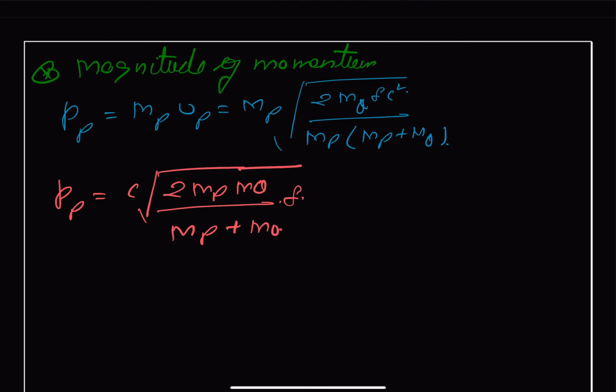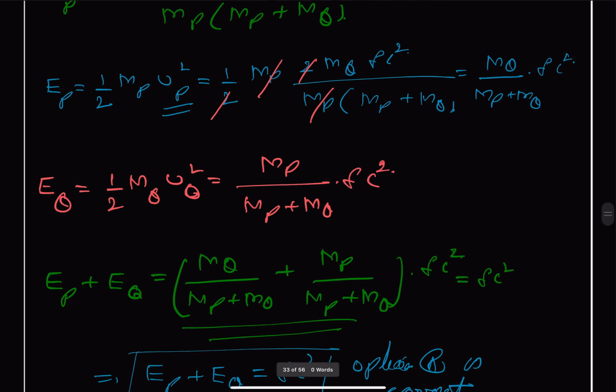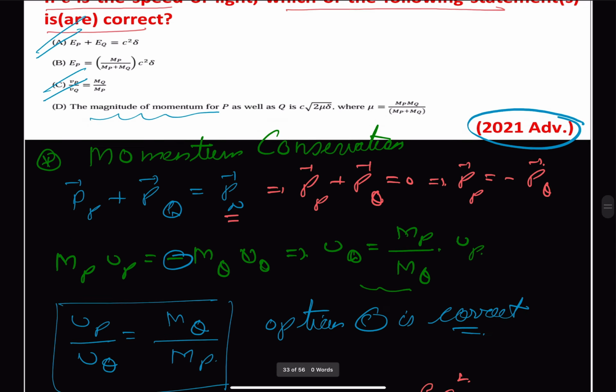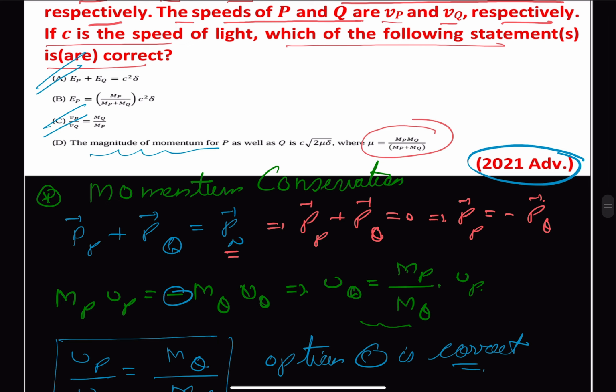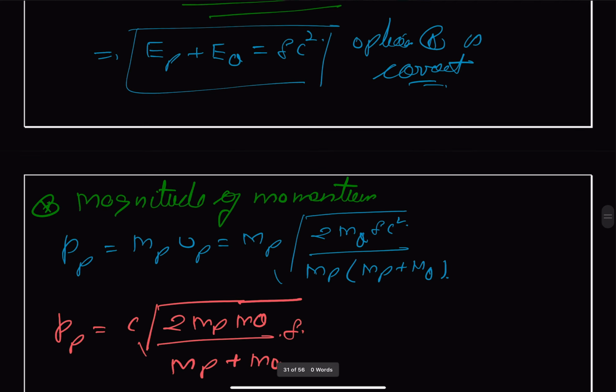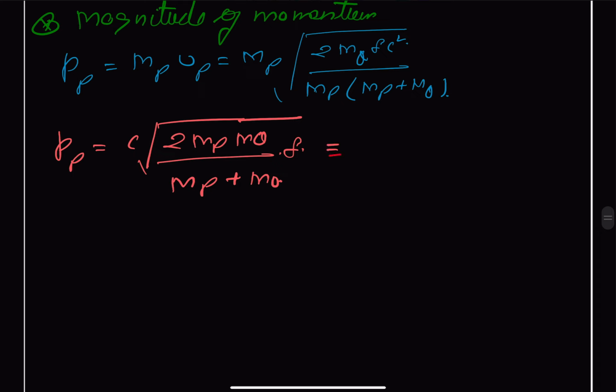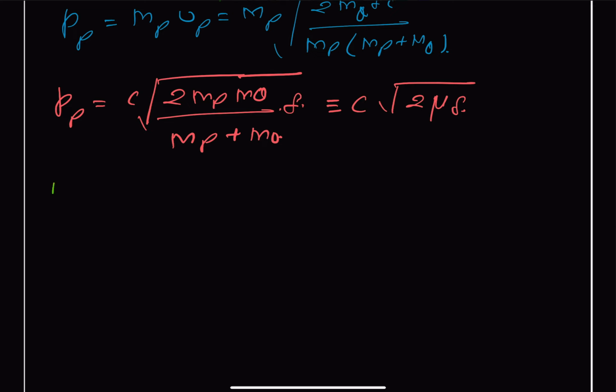And one second. Okay, we are given that mu is equal to this. So this can be written as c square root of 2 mu delta, and similarly we can say that momentum of q will be also equal to c square root of 2 mu delta, which is equal to momentum of p.